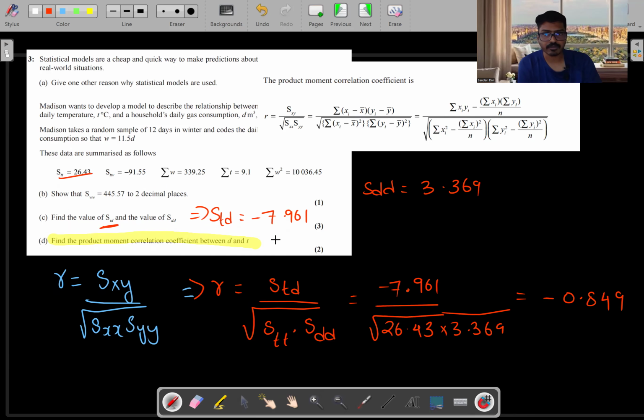So the answer for part D is minus 0.849. Since it's a simple calculation, I'm not showing it with the calculator.